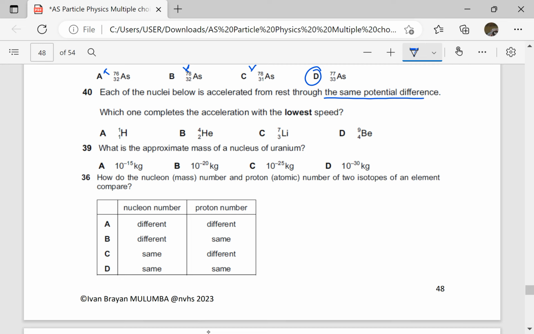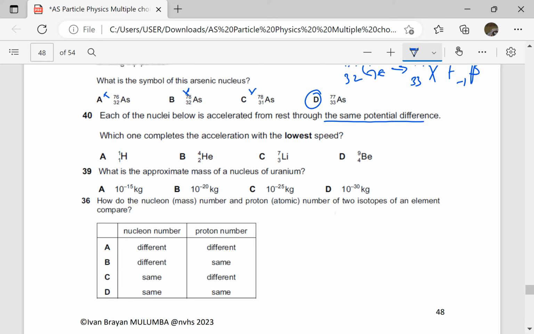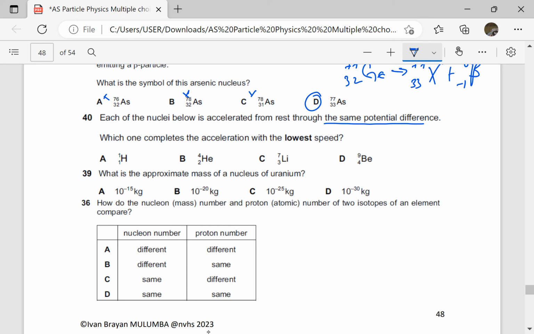And lithium 7, 3, proton number is 3, and the nucleon number is 7. So they're saying which one completes the acceleration with the lowest speed? Each of the nuclei below is accelerated from rest.